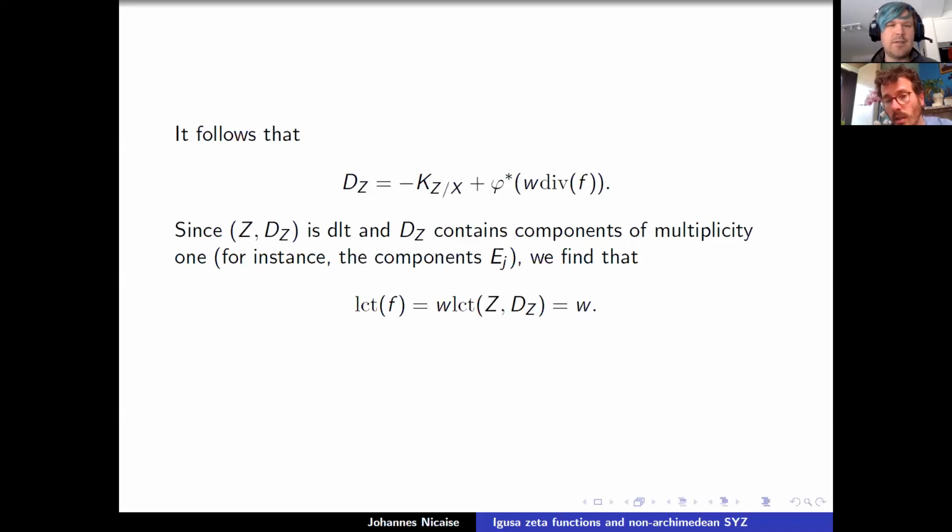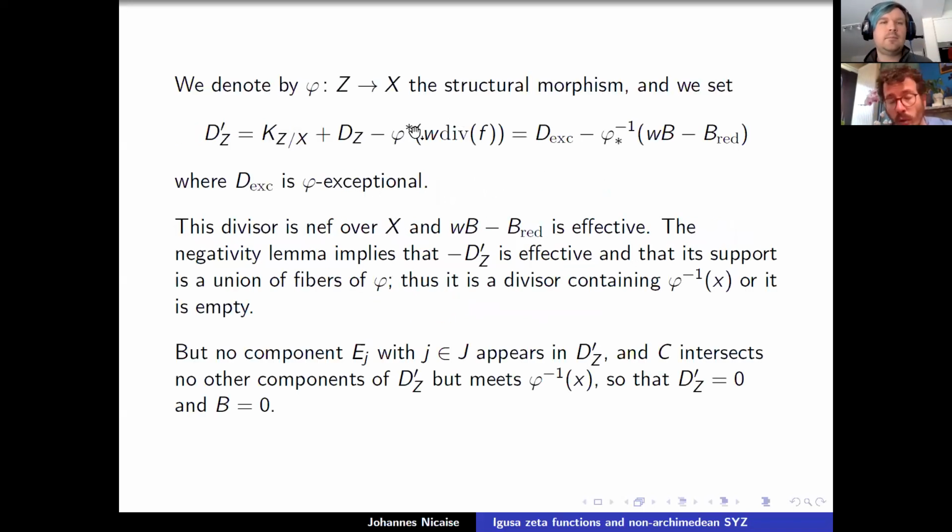Okay, so the dual intersection complex of D_Z is the part of the dual intersection complex on which the minimum is reached? That's right, except that we also still need to include the components of the strict transform. Those are always there simply because we've run a relative MMP over X. So we still have this morphism from Z to X, and the components that exist in X will continue to exist in Z. But the exceptional components are those computing the log canonical threshold.